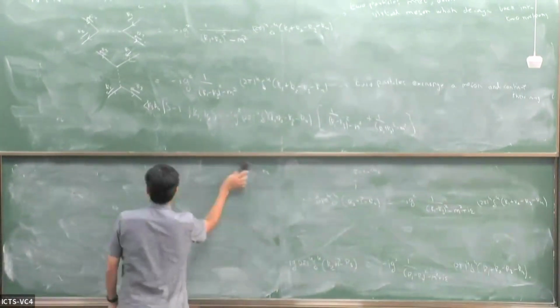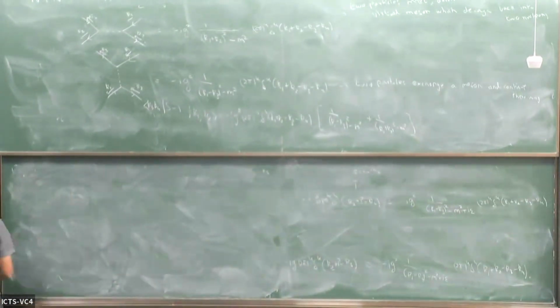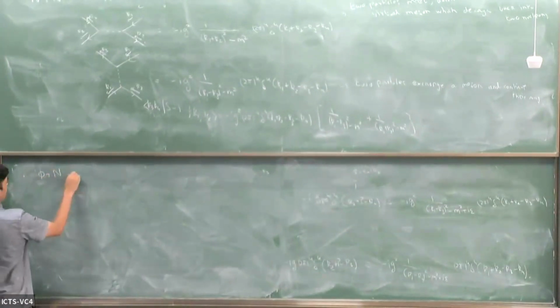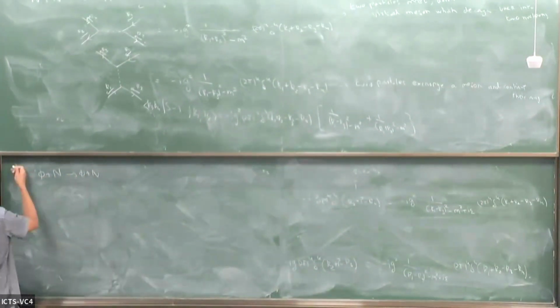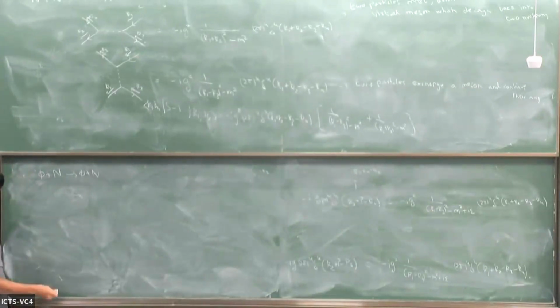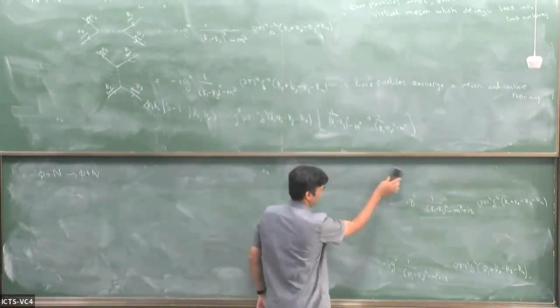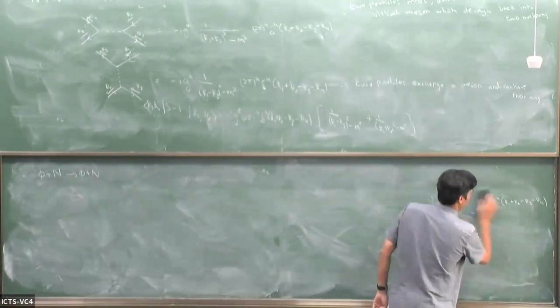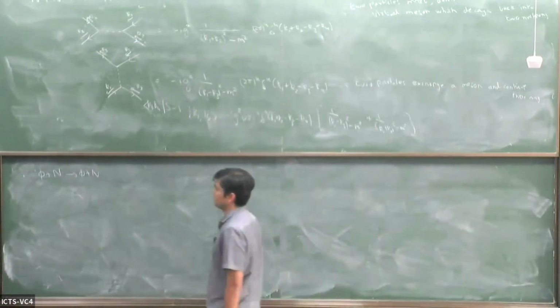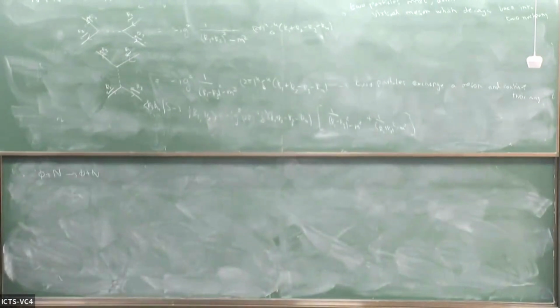Let's do phi plus n going to phi plus n. There are two diagrams for this process as well. Will someone come and draw one diagram? Who will volunteer to draw one diagram? Anyone? Because all of you are looking down in your notebook suddenly. Okay, first you can try and do it and then you can come and draw it.